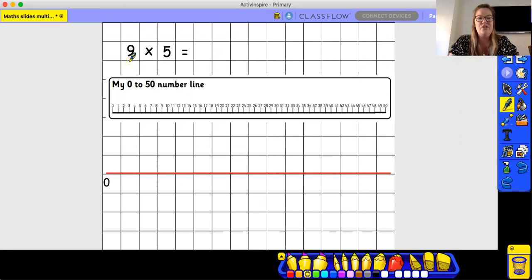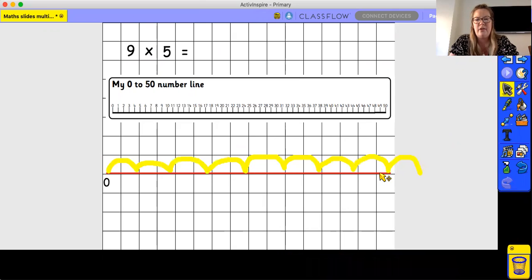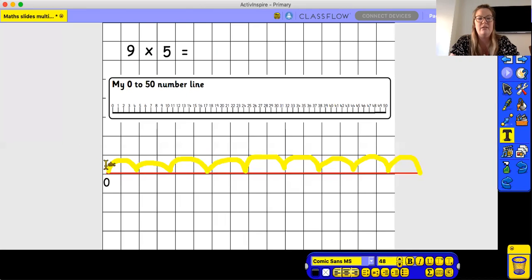This time I need to do 9 lots of 5. So I need to do 9 jumps. 1, 2, 3, 4, 5, 6, 7, 8, 9. Okay, if each jump is worth 5, I can now count in 5s to get my answer.